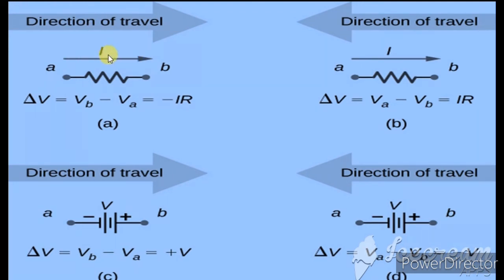But when you consider the direction from B to A, look here what we are considering, we are considering from B to A. But the direction of travel is from A to B, and we are considering against the direction. So since we are considering against the direction, the value is minus. So if this is the direction of current and you consider against the travel, that is equal to minus.